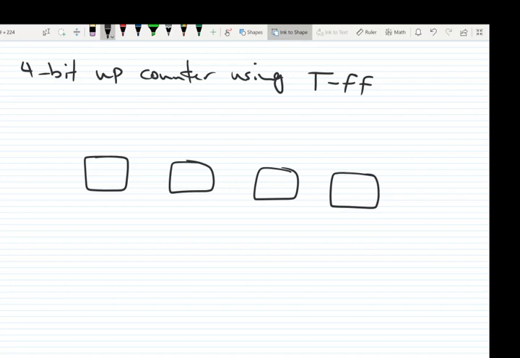Okay, and we have T0, T1, T2, T3. Here is Q3, which is output.